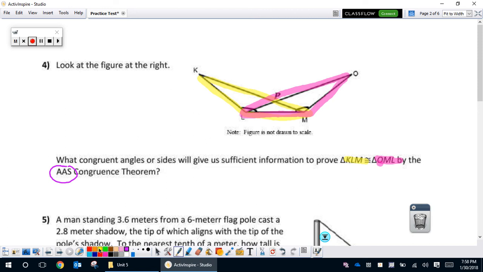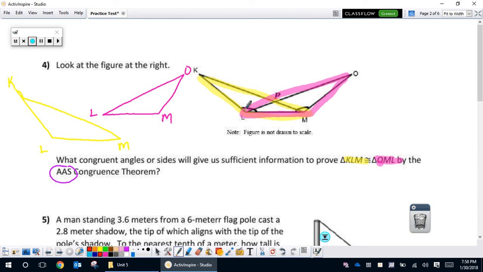The first thing we're going to need to do is redraw. So KLM, and notice I try to make them going in the same way, but it's just a sketch. Okay, so this is OML.